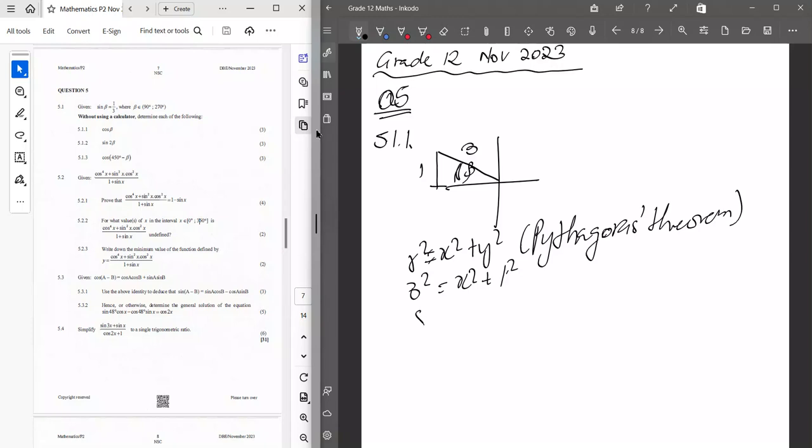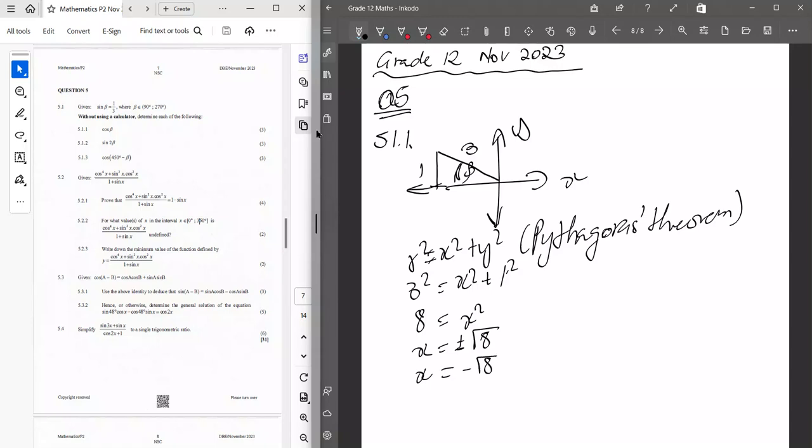This then becomes 8 equals x squared, implying that x equals plus or minus square root of 8. Because as you can see in this quadrant here, x values are supposed to be negative, we can conclude and say this is negative square root of 8.